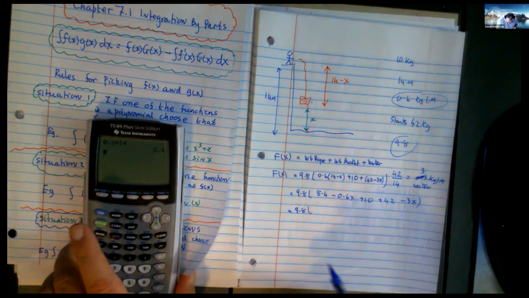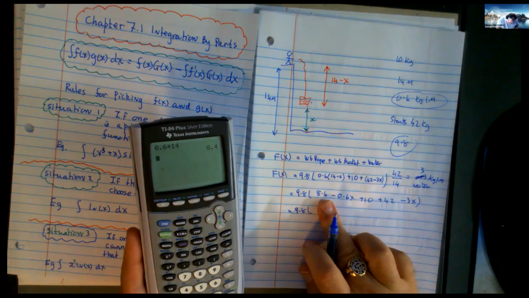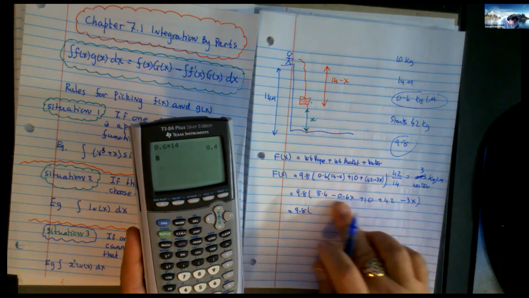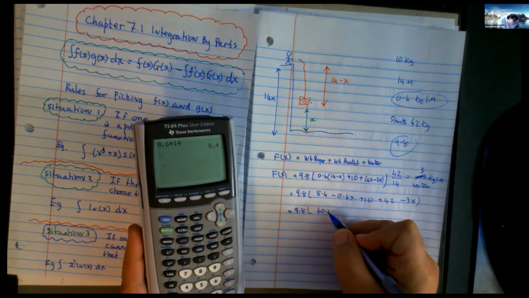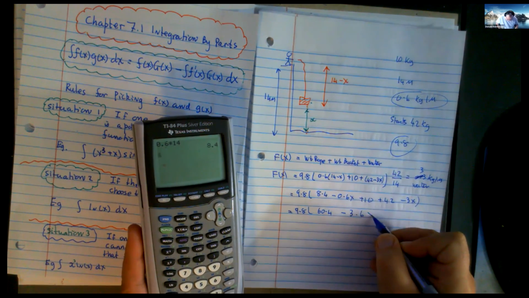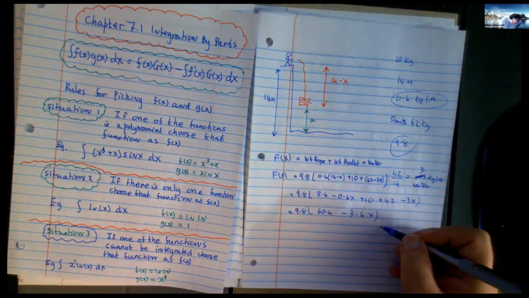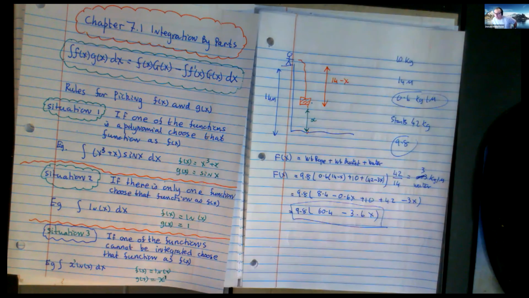On the numbers you get 60.4, and when you do the X terms, you get take away 3.6X. And that's the one they're looking for.